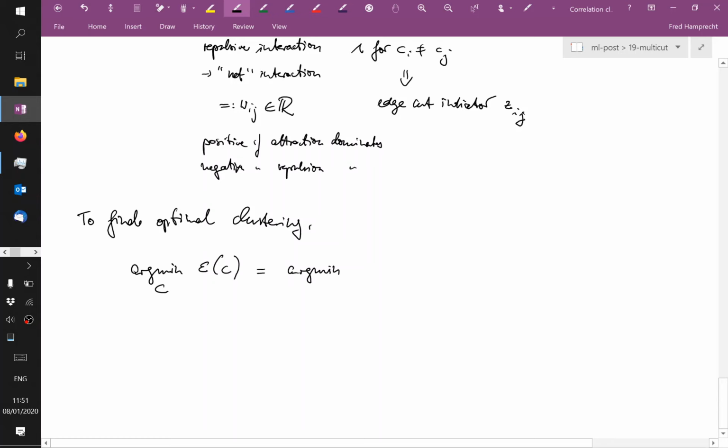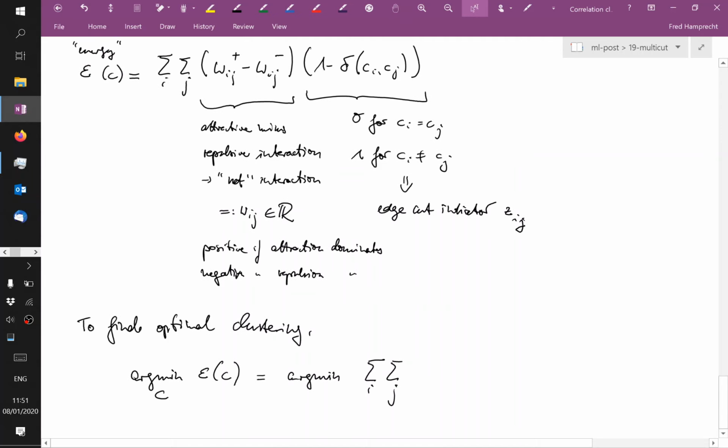So I'm going to say this is argmin, sum over i, sum over j. And then using these, I'm going to sum over those j that are connected to i.